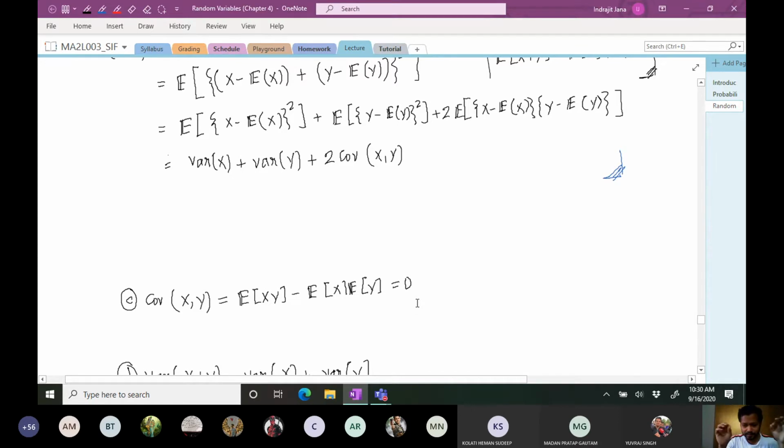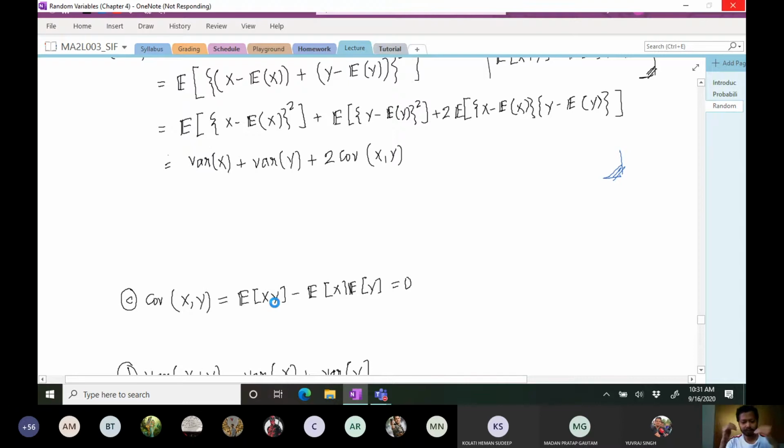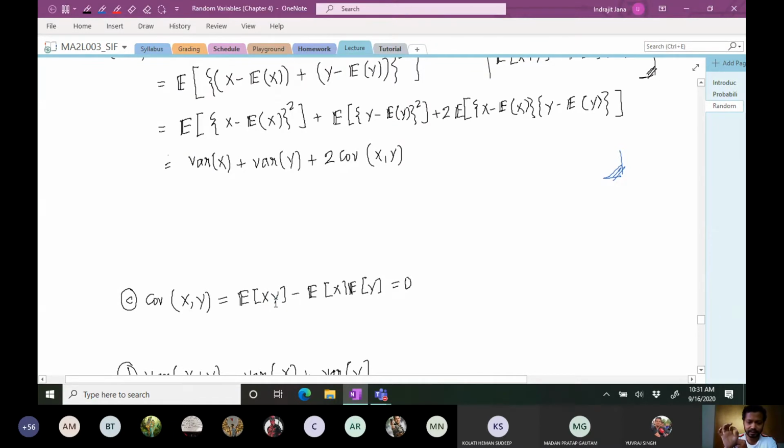The reason is very simple. If x and y are independent, from the previous lecture you know that expectation of x times y is equal to expectation x times expectation y, from the previous week's lecture actually. So the expectation of a product of two random variables splits only when x and y are independent. For sums there is no problem, but for products, expectation of xy is equal to expectation x times expectation y only when x and y are independent.